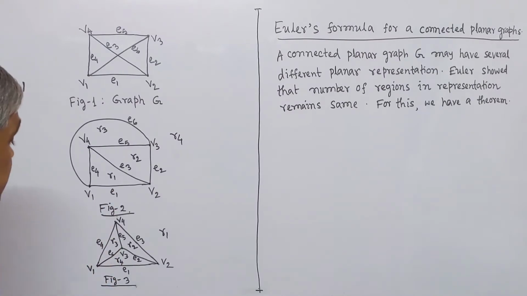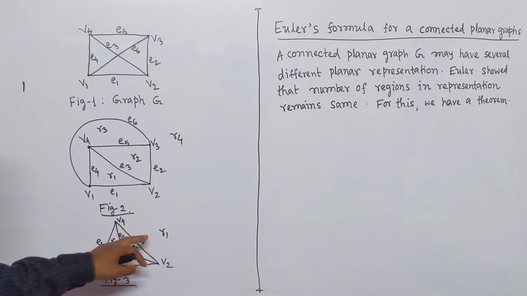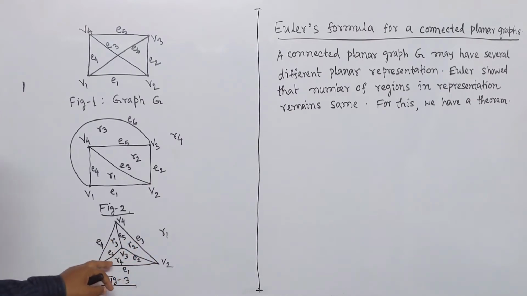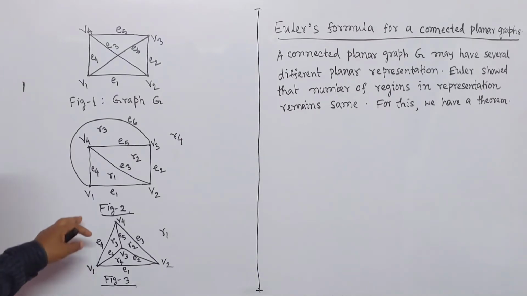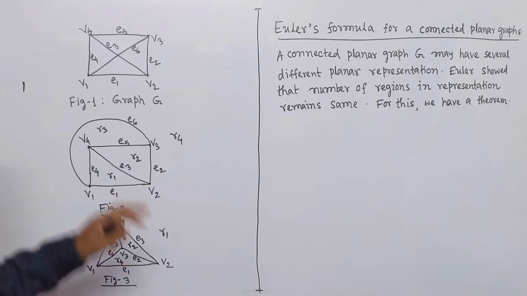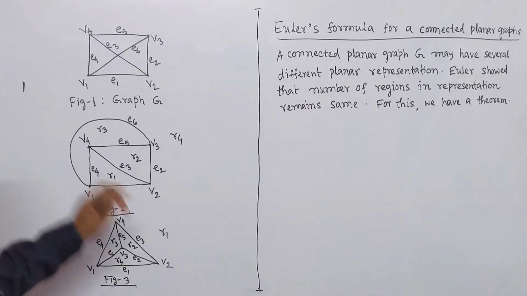Also regions are R1, R2, R3, R4. 4 number of regions. So if we take different planar representations, the number of regions remains same, by Euler's formula we will prove this.